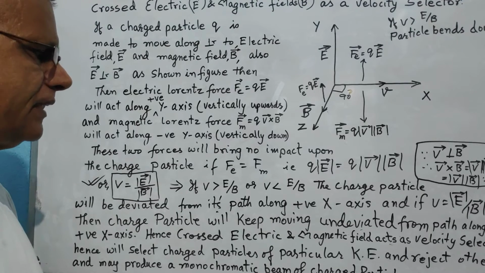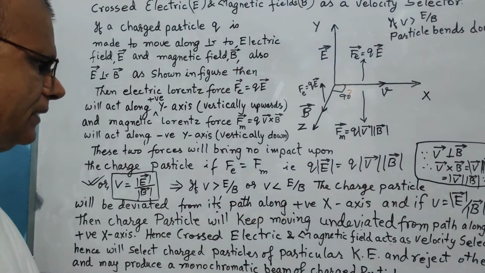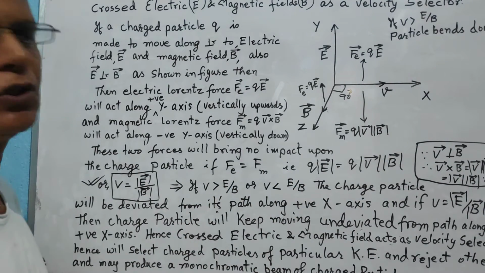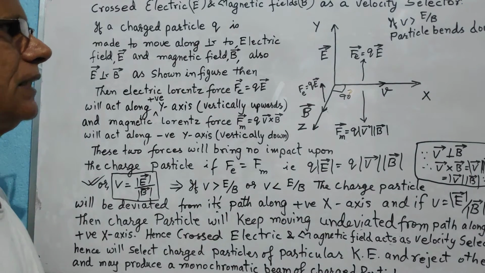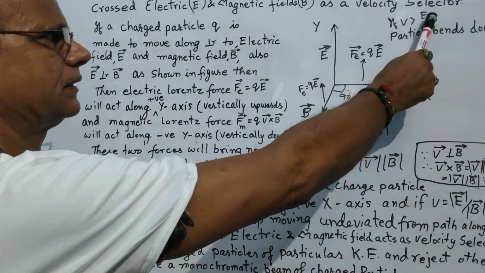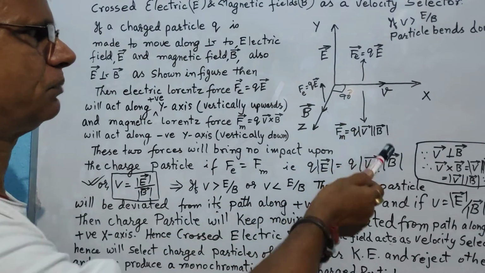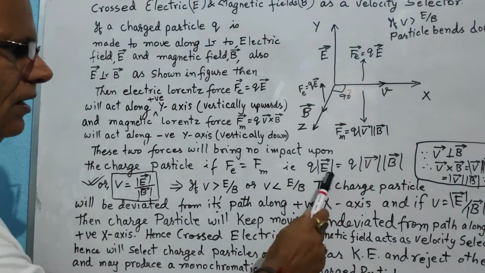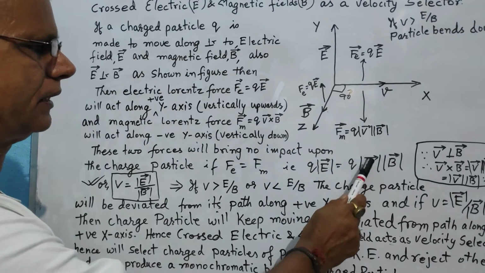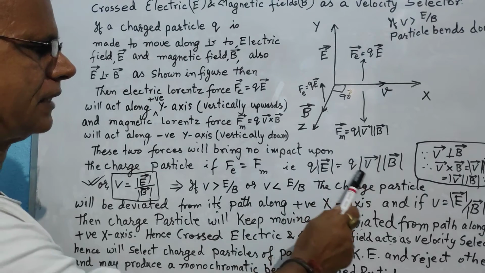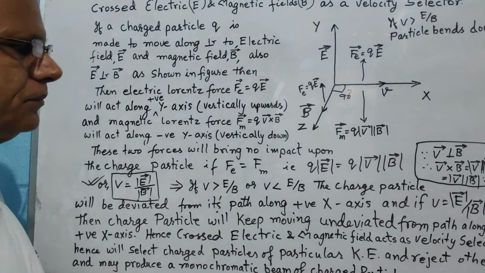And if that is not the case, if the velocity is greater than or smaller than this ratio E by B, the charged particle will deviate either way. For example, if the velocity is greater than E by B, the particle will bend downwards, because in this relation if you put the value of v greater than E by B, this magnetic force will be greater than the electric Lorentz force.